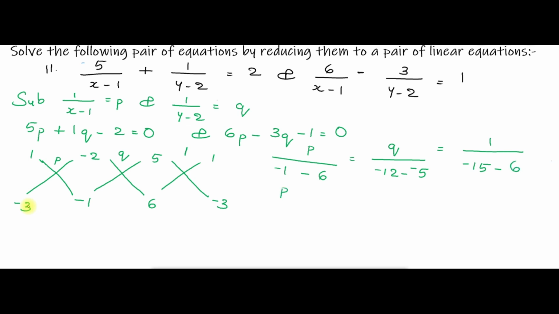So p by minus 7 equal to q by minus 7 equal to 1 divided by minus 21.